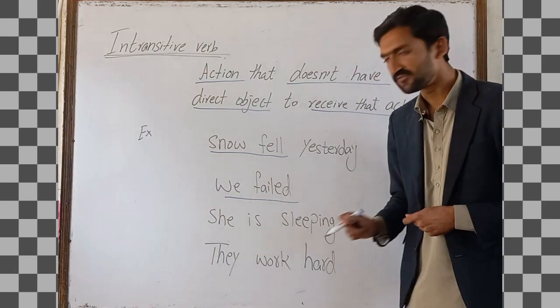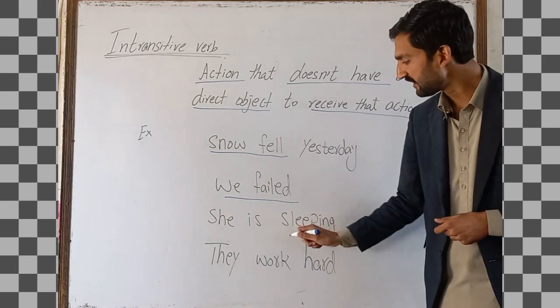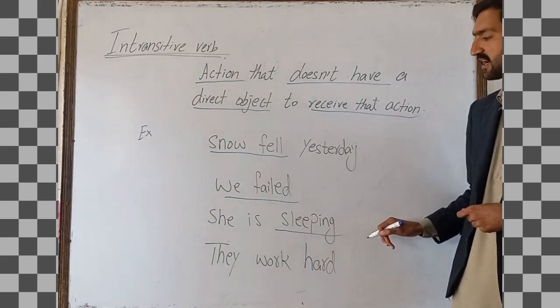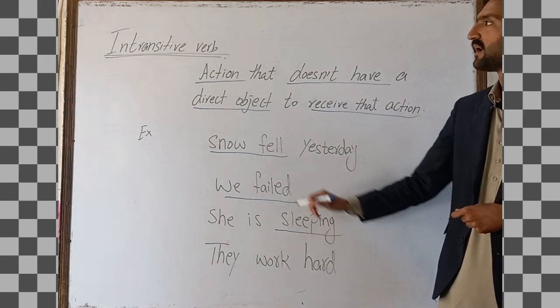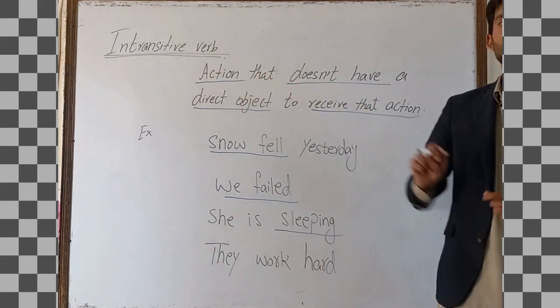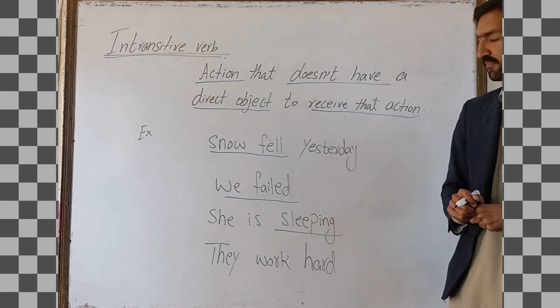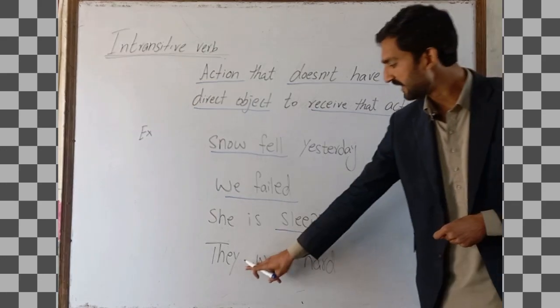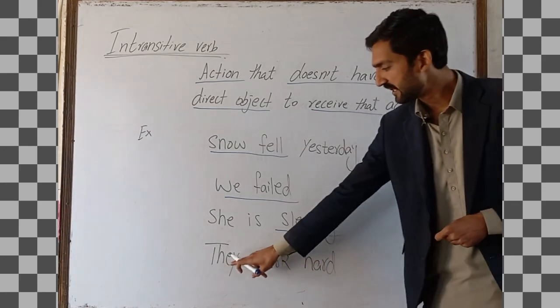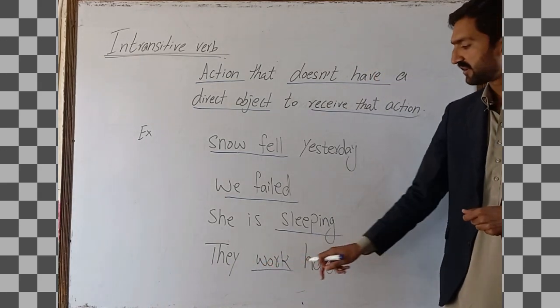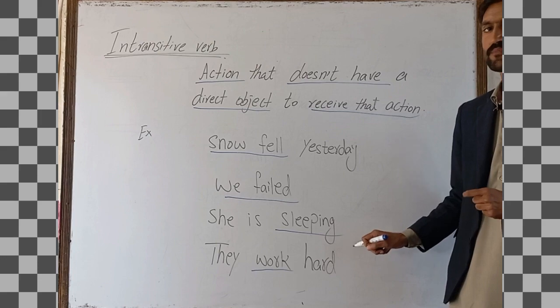Here in the next example we see that she is sleeping. So sleeping doesn't follow any direct object. So it is considered to be an intransitive verb. After that, in the fourth example, we see that they work hard. So work is a verb which doesn't follow any sort of object.